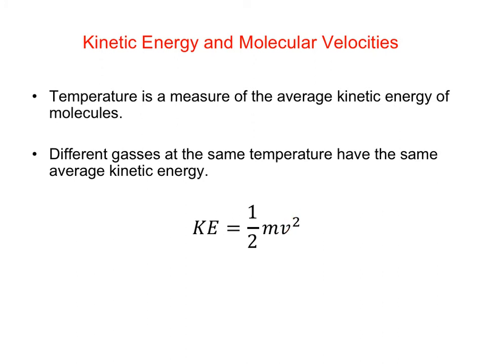And the analogy I always like to use, imagine we have a really big football player, and he's running up against a really small football player. In order for that collision to be equivalent, they can't be running at the same speed.